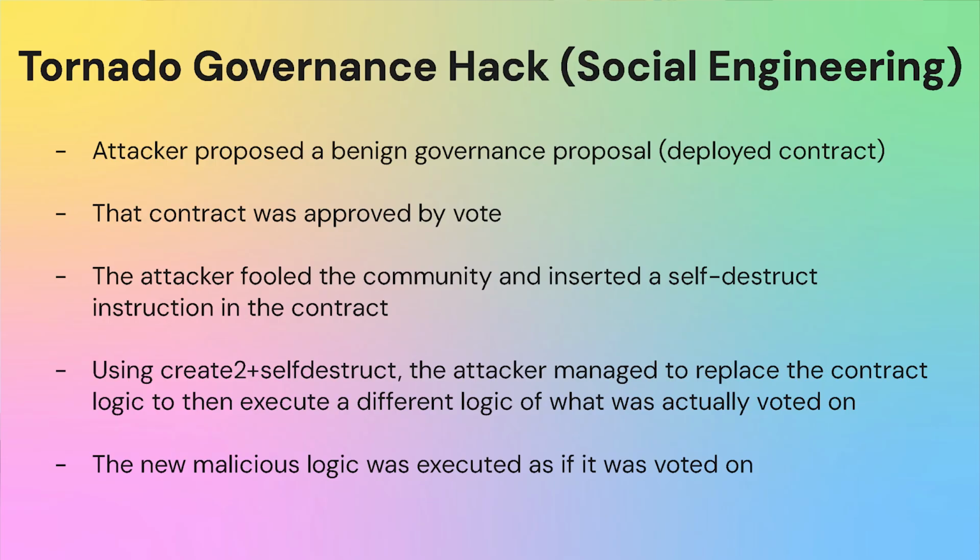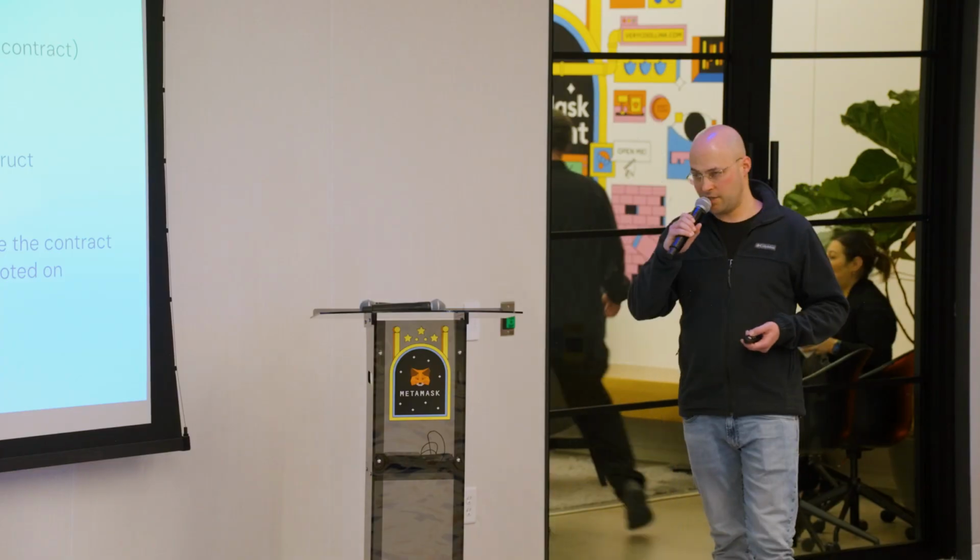The other very, very interesting case is the Tornado governance hack, where an attacker basically posted what looked like a legitimate proposal and convinced the community to vote for it, but they were hiding a self-destruct function in that contract.